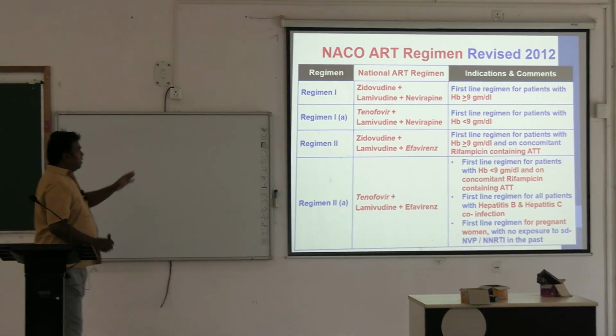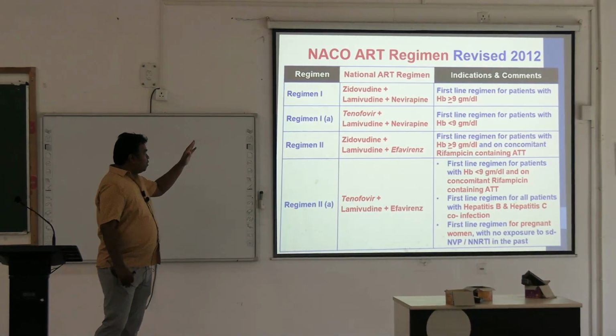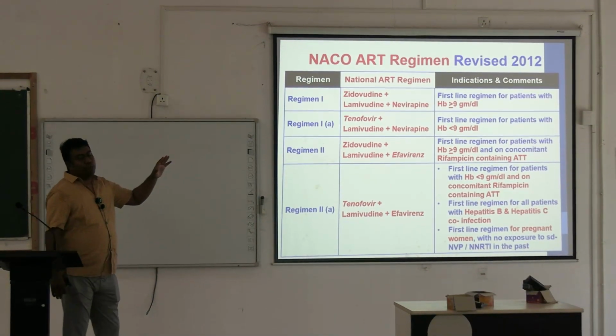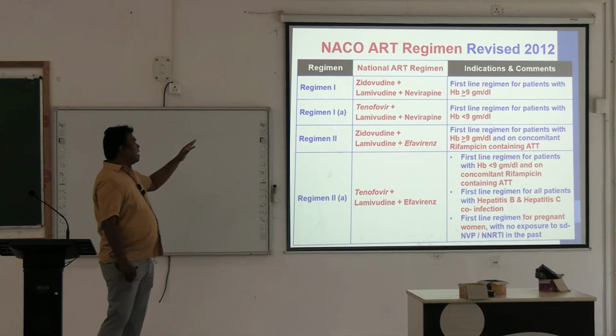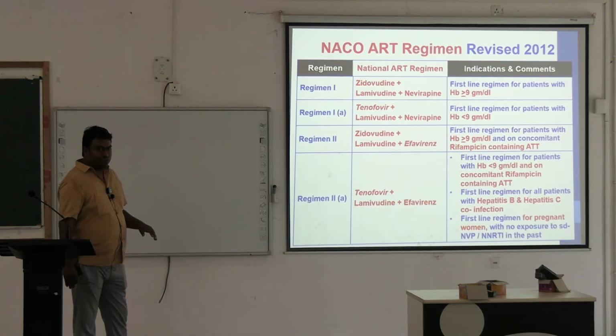National regimen 1 is zidovudine, lamivudine, nevirapine if hemoglobin is more than 9. If less than 9, tenofovir instead of zidovudine.